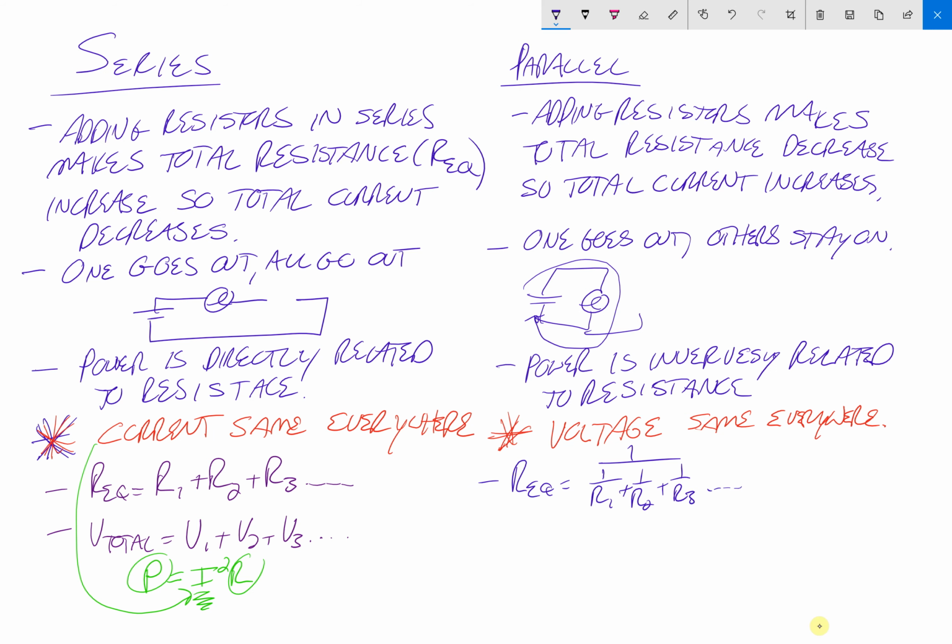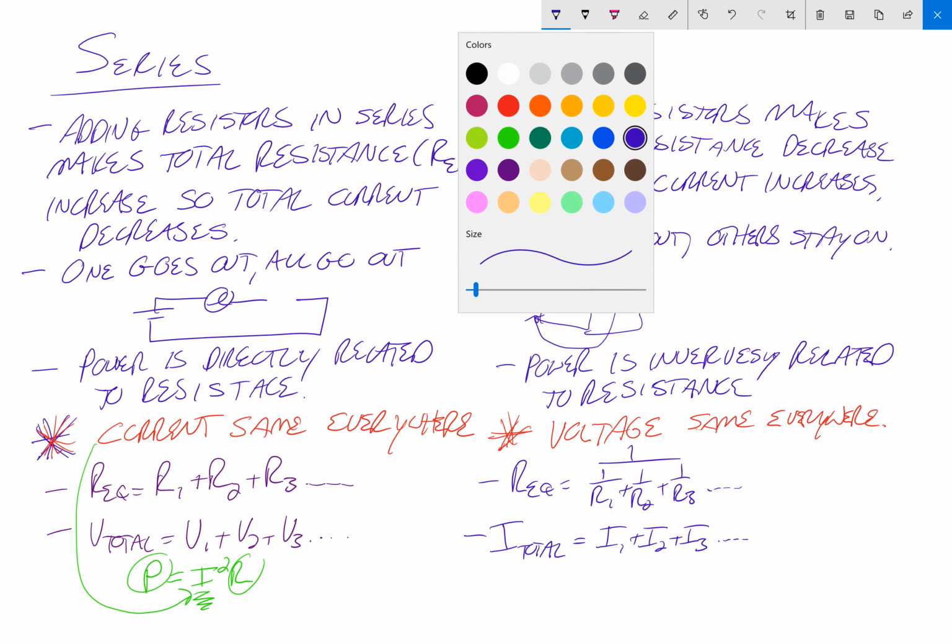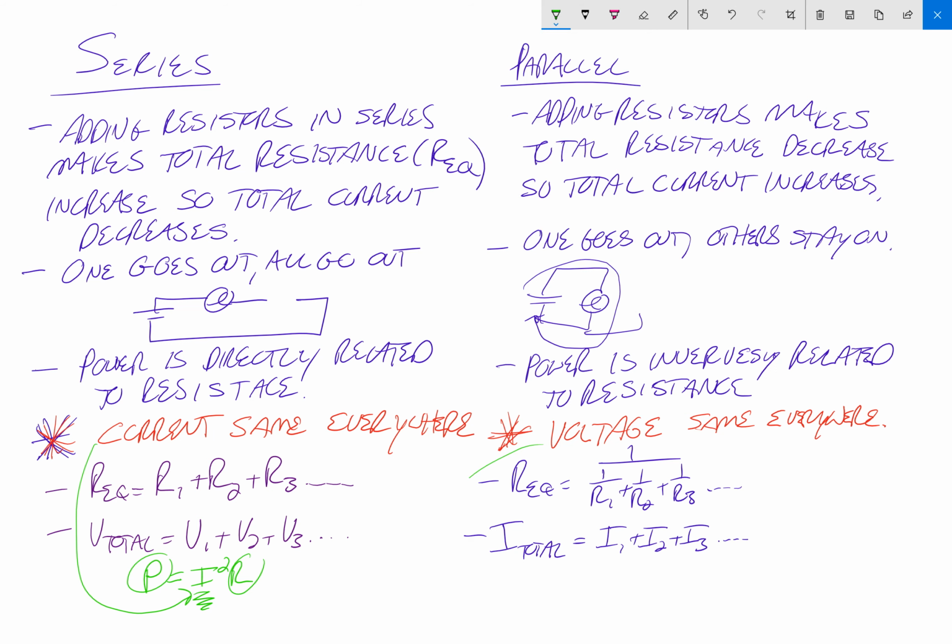And then the last thing you were to get out of that was that the current going into a junction, or the total current in this case, is simply the sum of the currents. And that's it. Now, again, with the power, if we go back to the voltage being the same everywhere, and we look at the equation P equals V squared over R, where V is the same for all, you can see that inverse relationship between resistance and power.